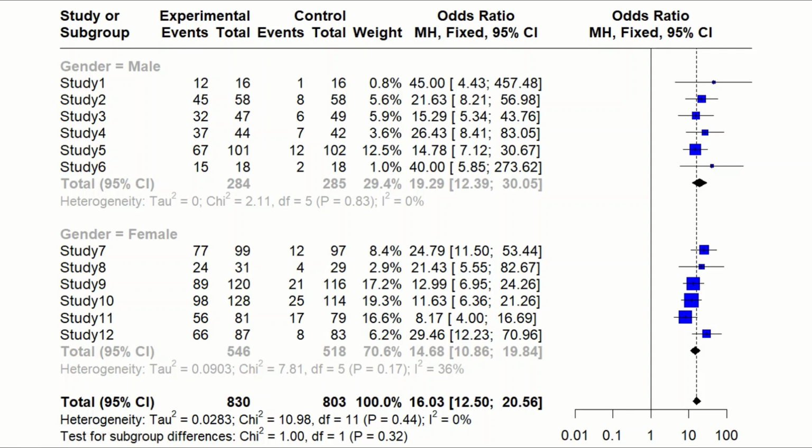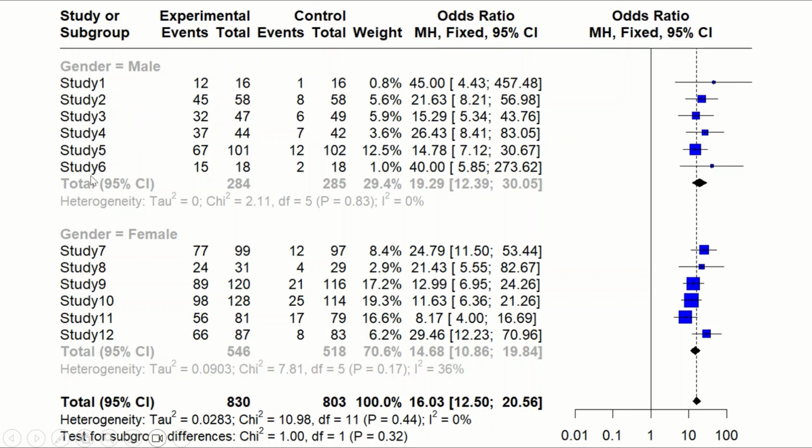So larger samples will have larger or higher weight percentage, and that will have higher influence in the meta-analysis. And the estimate effect size is the odds ratio, as the outcome here is binary, and a fixed effect model is used, and the MH method is used.